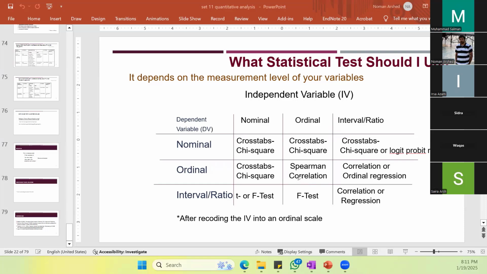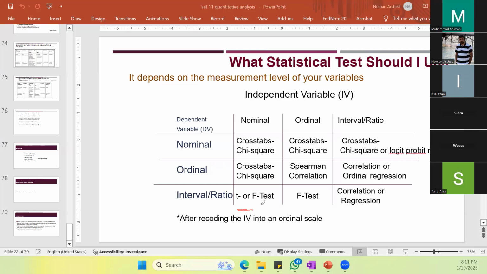Why do we do correlation? Do raise your hand when you have a question during my explanation. I'm trying to give a background and then we'll build on to this topic. If the dependent is ordinal and the independent is interval or ratio data, we can use an ordinal regression or correlation. If our dependent variable is interval or ratio data and the independent variable is nominal, we use a t-test.